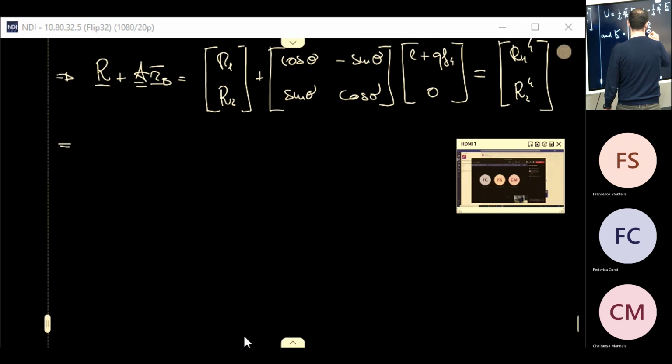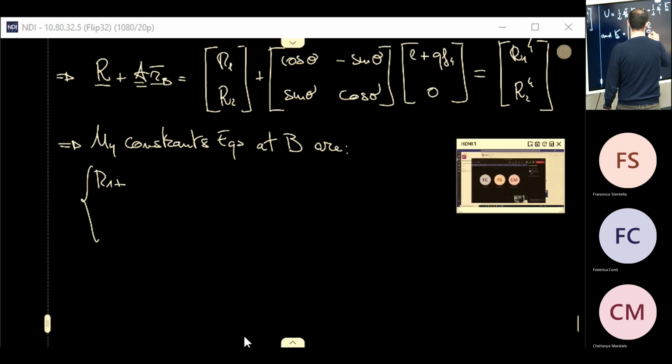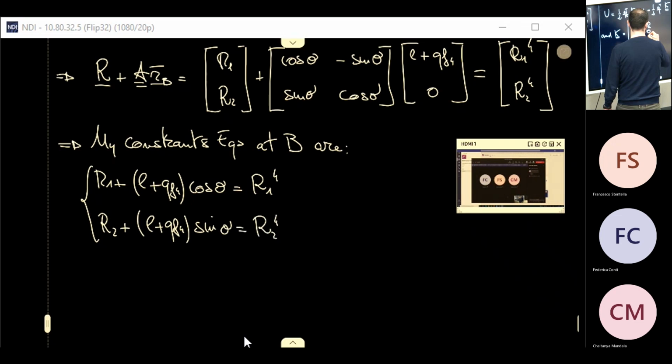So my boundary condition equations at B are R1 plus L plus QF4 cosine of theta equal to R14 and R2 plus L plus QF4 sine of theta. Okay.